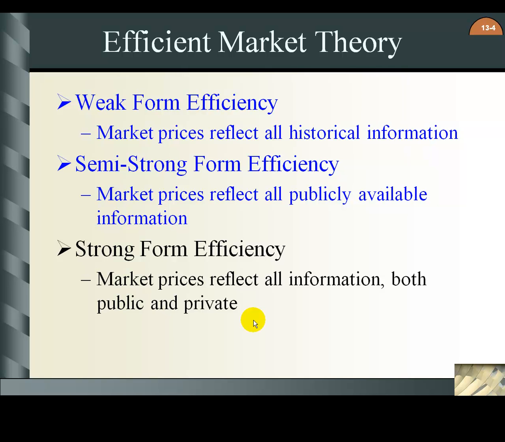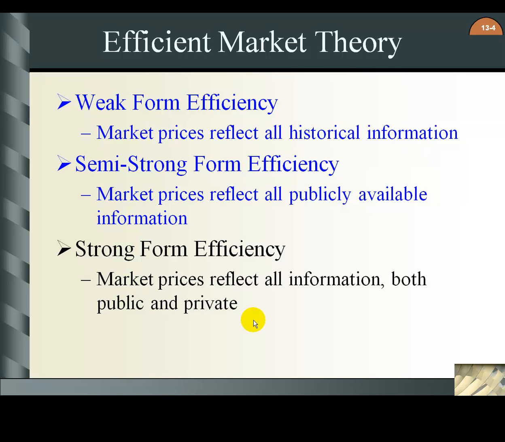I can give you a realistic example. Let's say you are a scientist working for a pharmaceutical company, and you discover a cure for cancer, and nobody else knows about this. The discovery has just been made, so this is private information. You know this information, and nobody else does.